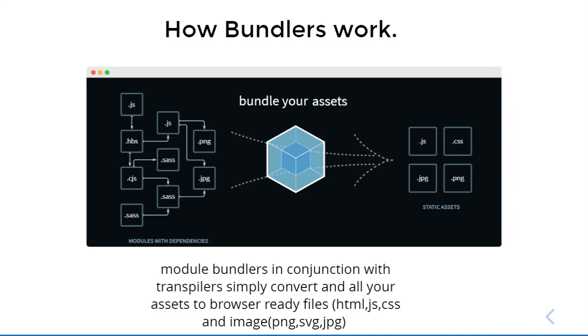Even MD files, all the files will be converted to JS, CSS, JPEG, PNG, and maybe another thing like SVG. Mostly it handles those three things. It simply converts all your CSS, all your Sass, all your TypeScript into CommonJS.